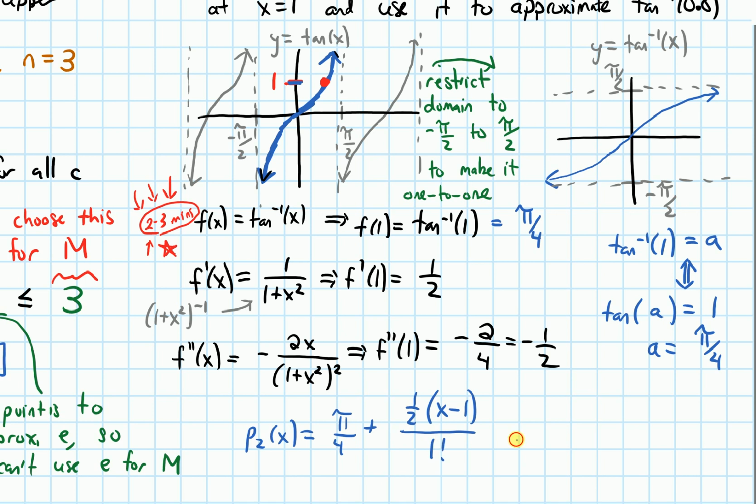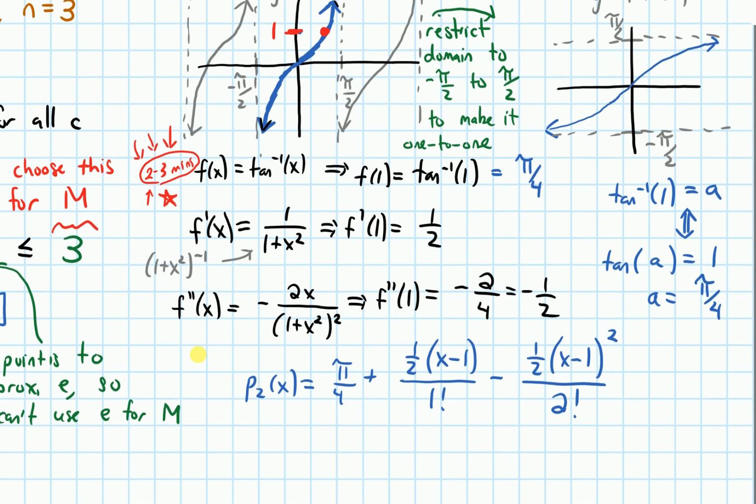The next coefficient is negative 1/2, so we'd get minus 1/2 times x minus the center point, which was 1, this time squared, over 2 factorial. And we stop there because we just want the second order Taylor polynomial. Okay, so we got our second order Taylor polynomial.